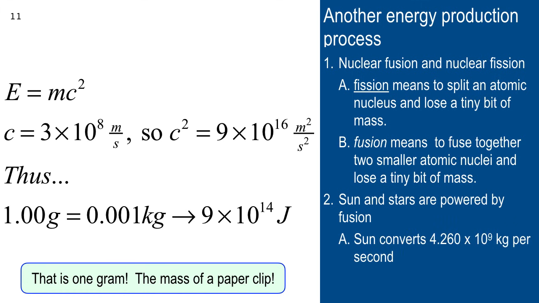Now, the sun converts about 4.26 times 10 to the 9 kilograms per second. So that's 4.26 million metric tons per second.